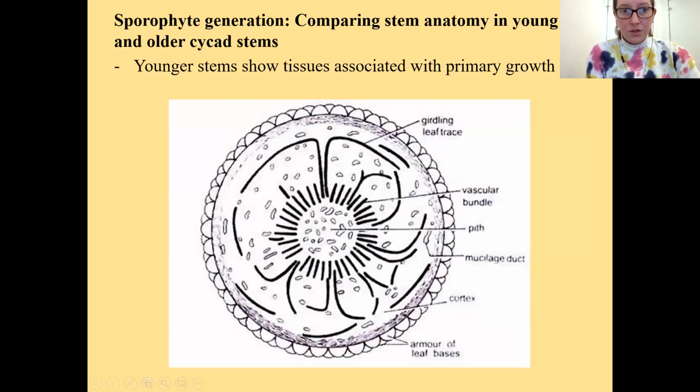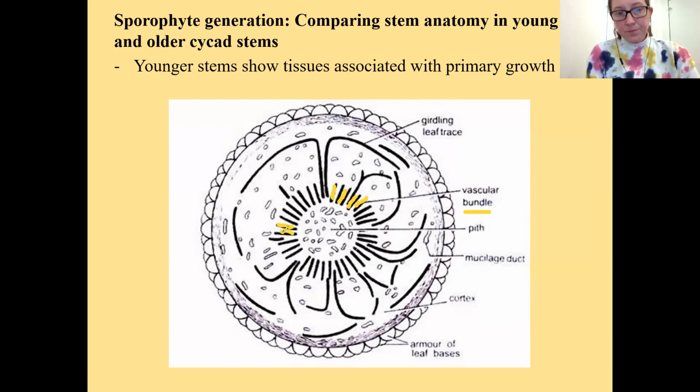I'll show you here, just so you know what you're looking at. This is a cross section through a younger cycad stem. See here, vascular bundles: here's one, here's one, here's one, and so on, all the way around.